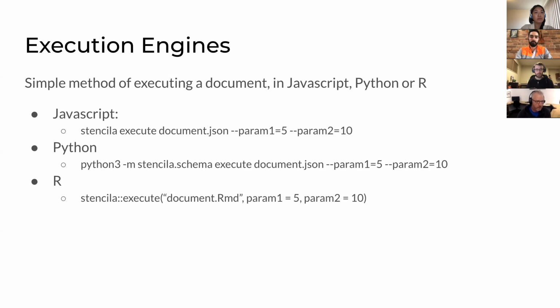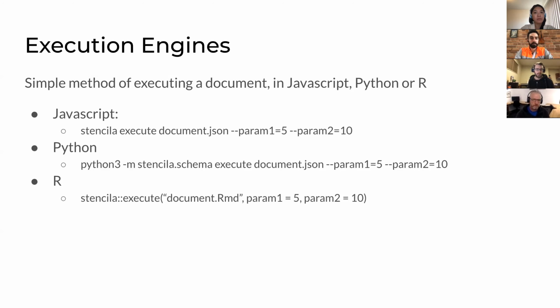So we've just done some work on creating what we call execution engines, which will execute a given document. We can take a document that's in JSON format that has either JavaScript, Python, or R code and execute it in one of these three interpreters that we've created.